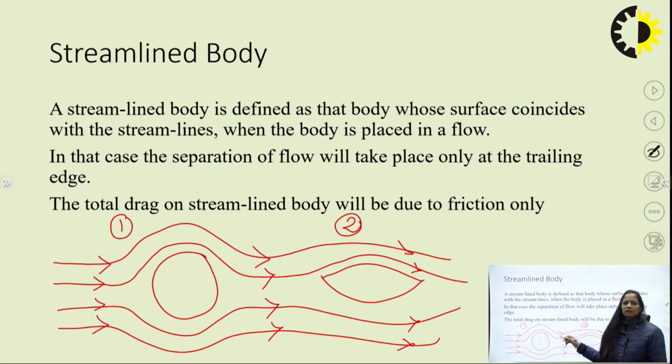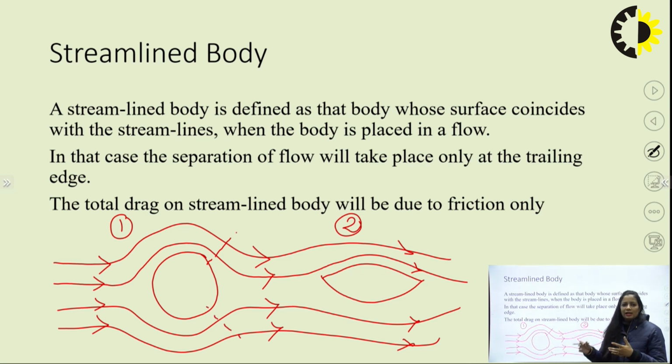If you cut this particular object in two halves, you can understand this is a symmetrical or unsymmetrical body. Still there are some differences when we talk about streamlined bodies. You can see in the first body the flow lines were moving like this, but the separation of the streamlines from this first object you can imagine somewhat here.